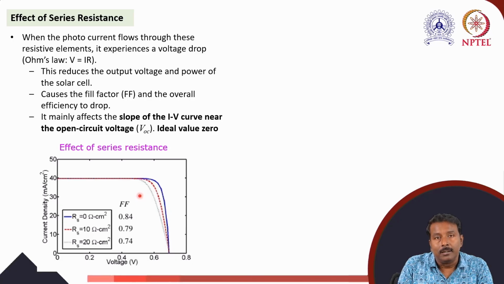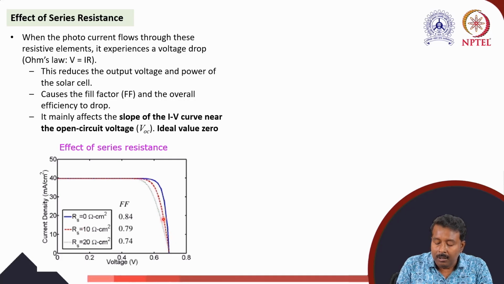Similarly, for higher value of Rs, further decrement in the corner is there. And near the open circuit voltage, this slope is changing, and Rs will affect mainly the slope near the open circuit voltage. Also, it can be calculated from the slope near the open circuit voltage.